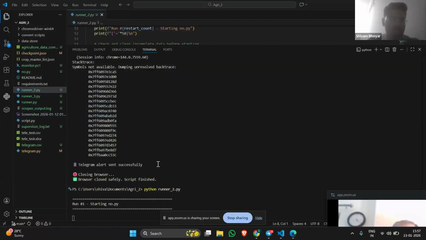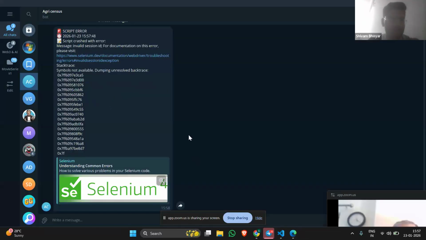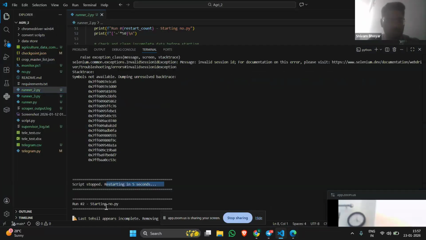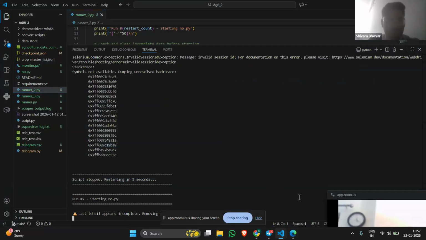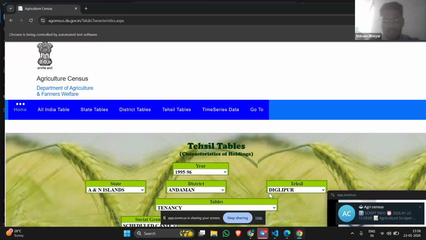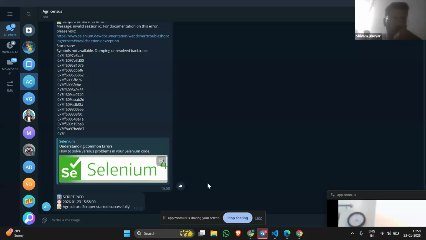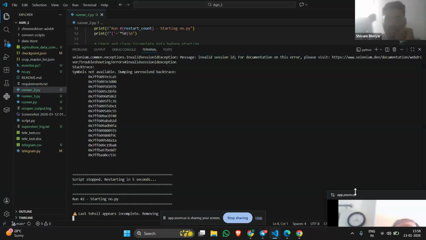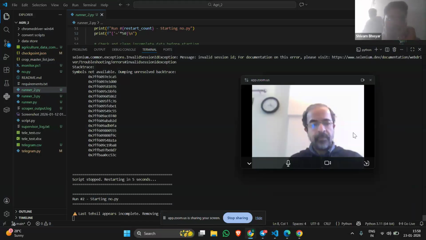It has given me the error, but it will automatically restart in 5 seconds. You can see it has automatically restarted, with a restart notification. I have to improve this script because there are bugs in it.